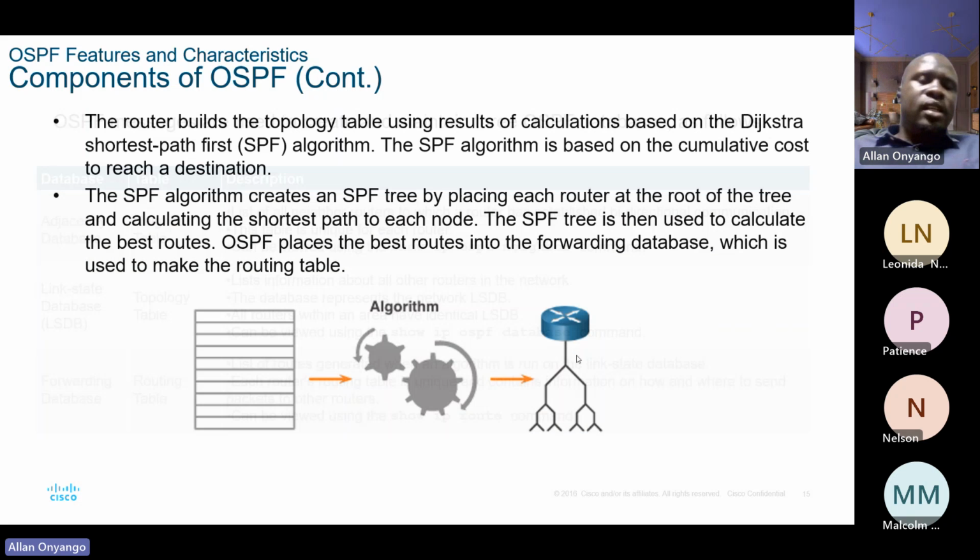Now, the algorithm that helps OSPF to do the job is called the SPF algorithm. SPF means shortest path first algorithm.